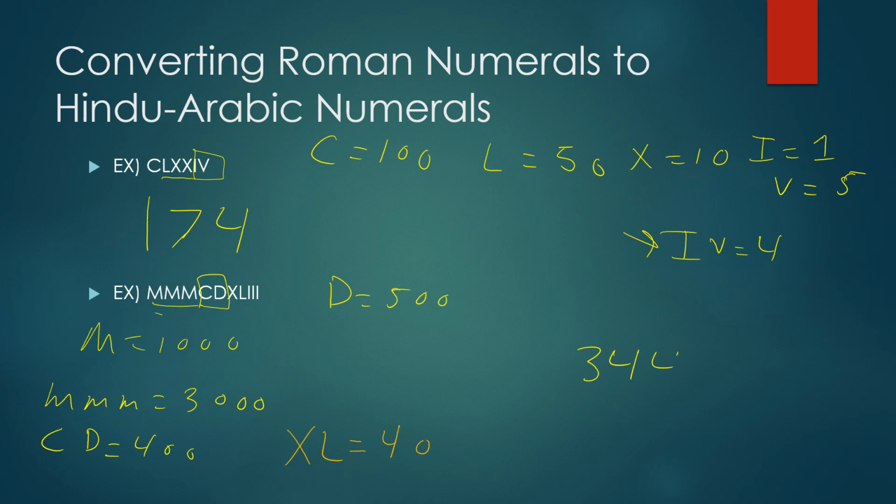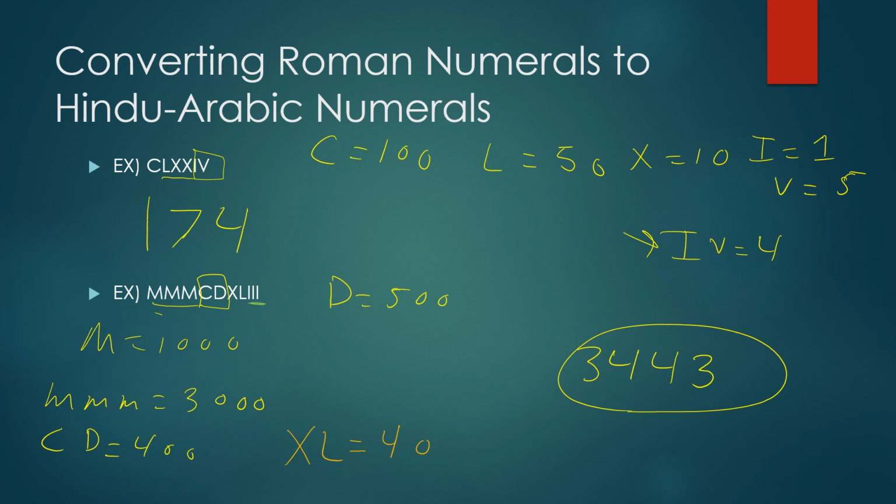So now we have 3,440, and then of course we have the last digits here, which is the 3 I's. And each I represents 1. So we get 3,443. So MMMCDXLIII is 3,443.